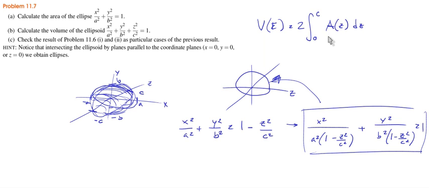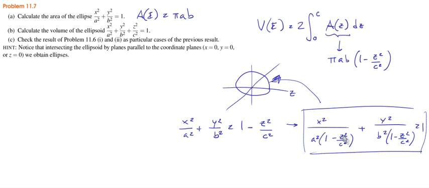Using the area we have just obtained, the area of the ellipse was pi times a times b, but now a is a times the square root of this, and b is b times the square root of this. So what you have here is pi times a times b times 1 minus z squared over c squared. Now we just need to integrate this.